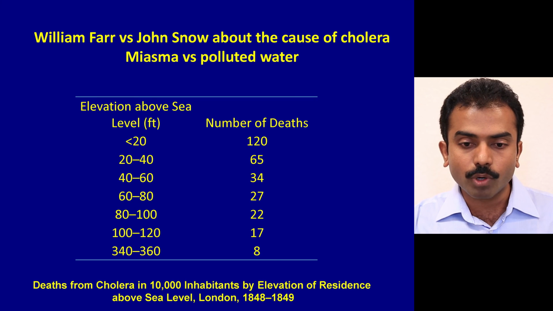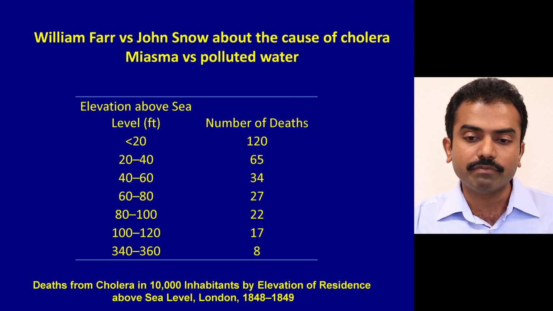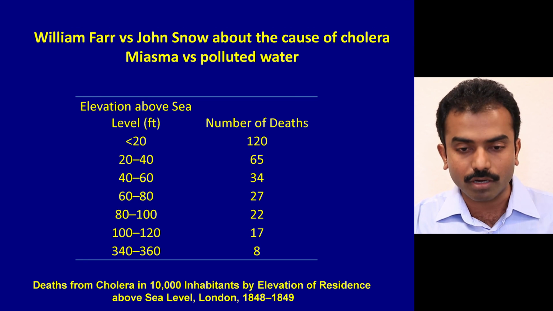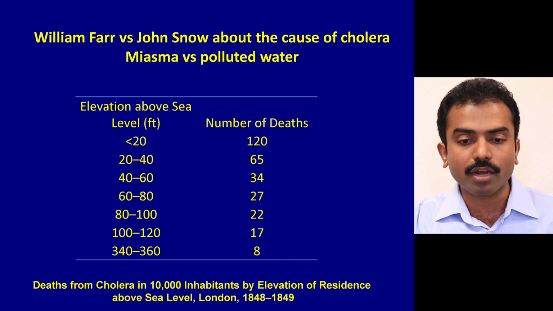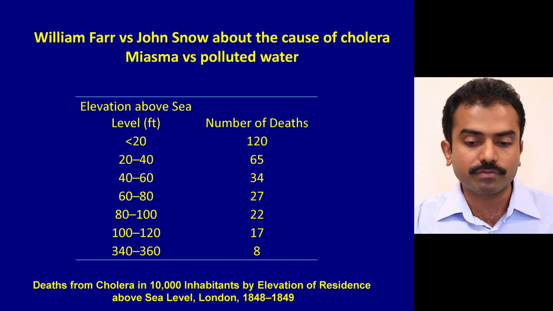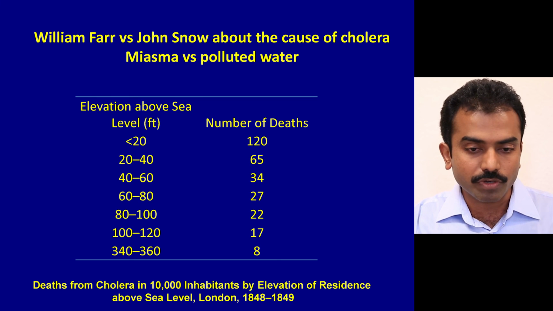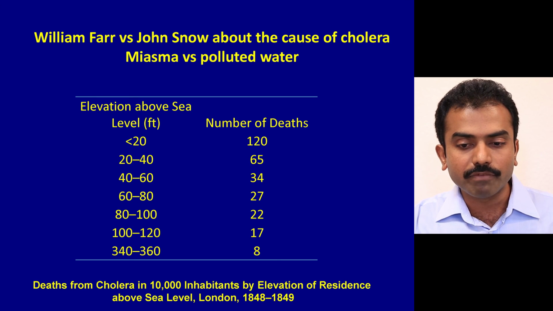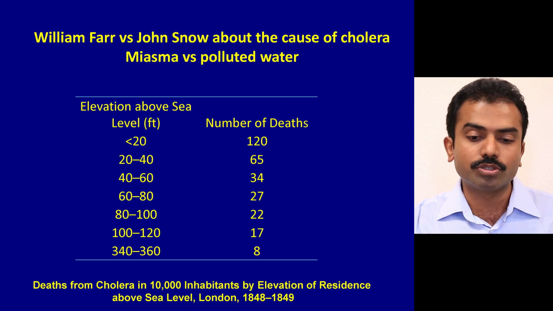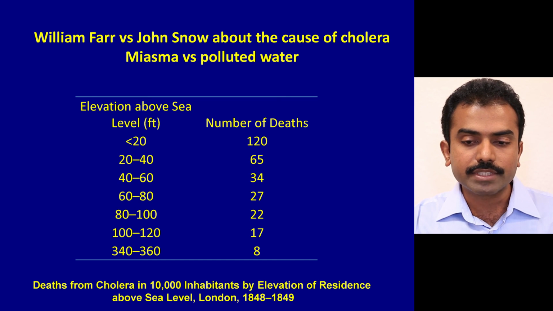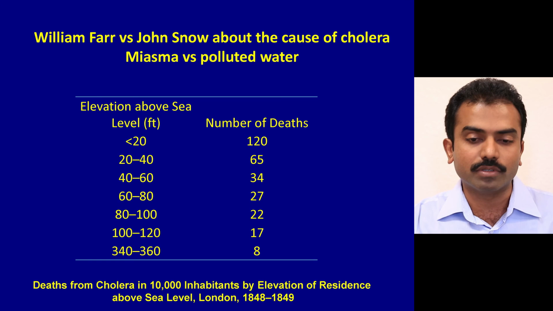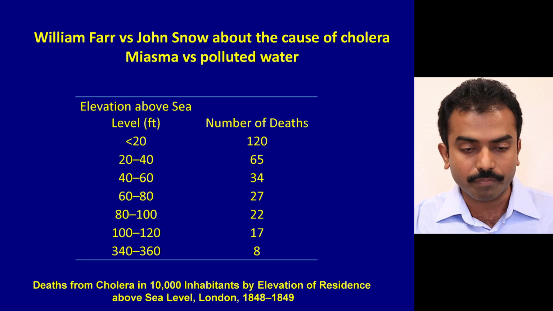So this is about cholera, at a time when we did not know what caused cholera. Today we know very well that it's caused by the enterotoxic Vibrio cholerae. But it was not the case at one point in time in the 19th century. So at that time, when there were a number of deaths due to cholera, there were several hypotheses moving around as to what caused cholera.